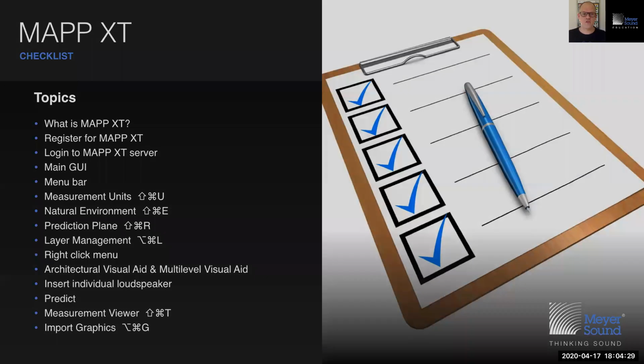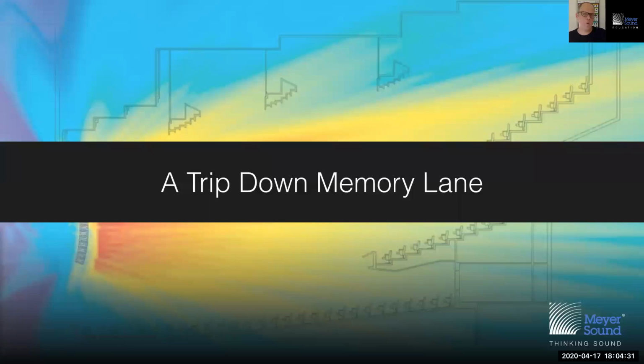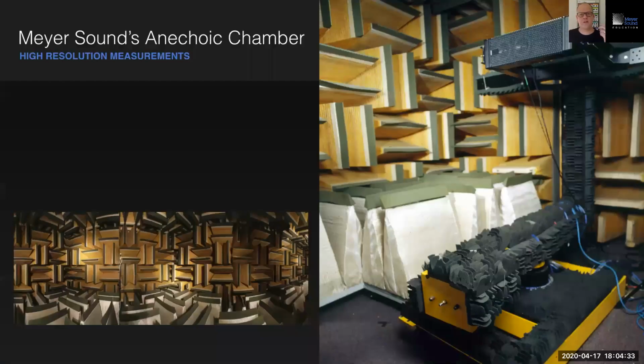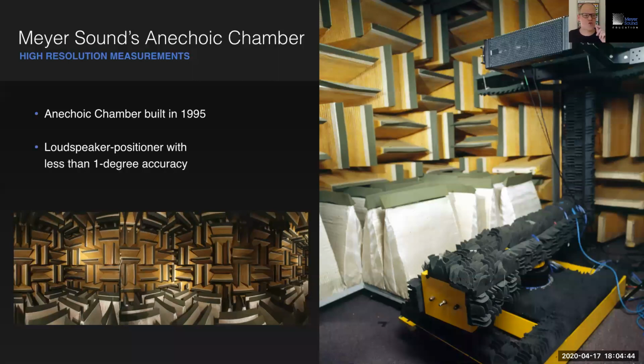Okay. So, trip down memory lane. Where did MAPP XT come from? Well, it basically started with the building of the anechoic chamber at our factory in Berkeley, California, in 1995. It houses a loudspeaker positioner that allows us to rotate and pivot loudspeakers with less than 1 degree accuracy.